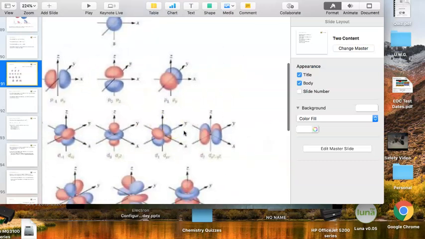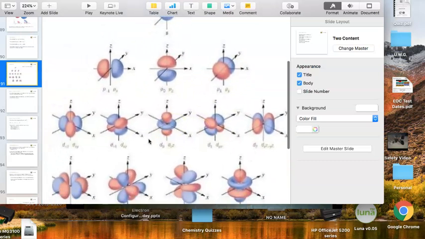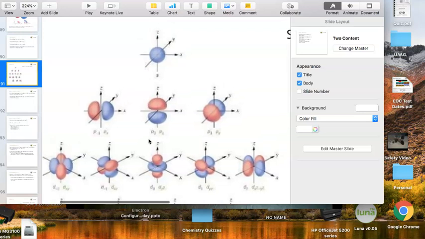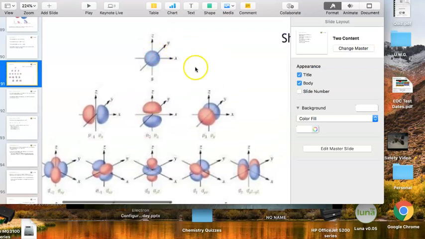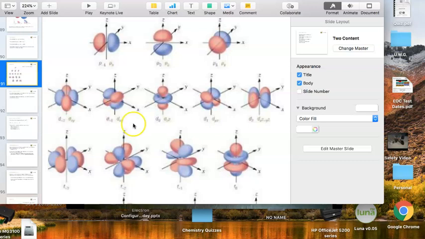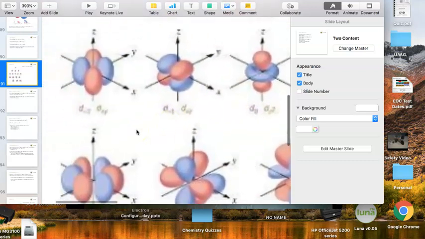And then when you get to more complicated orbitals, notice something about this. For S, there's 1 orientation here. For P, there's 3. For D, there's 5. Okay, let me zoom in here. I told you it would look weird.